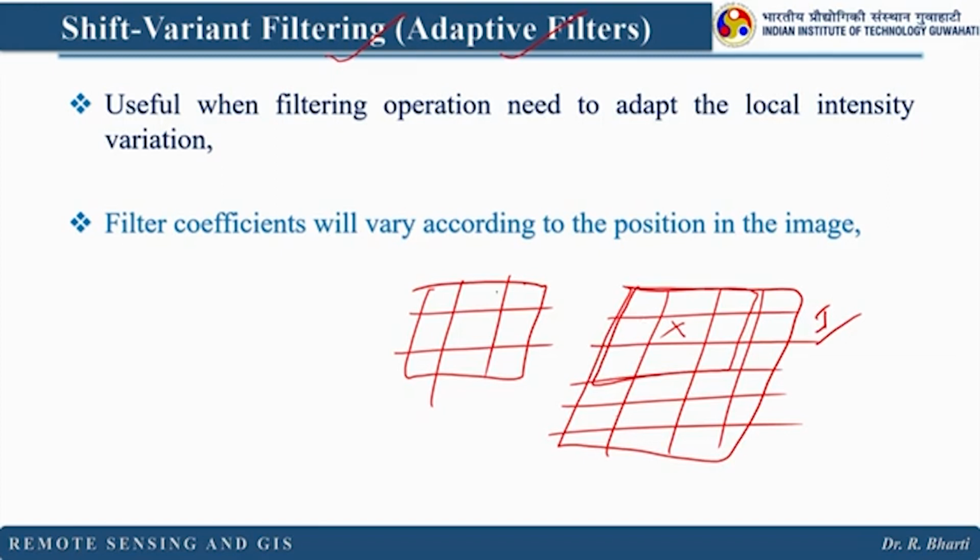In the previous cases these weightages were constant, but in shift variant filters, based on their location and the DN values, the weightage may change, right.